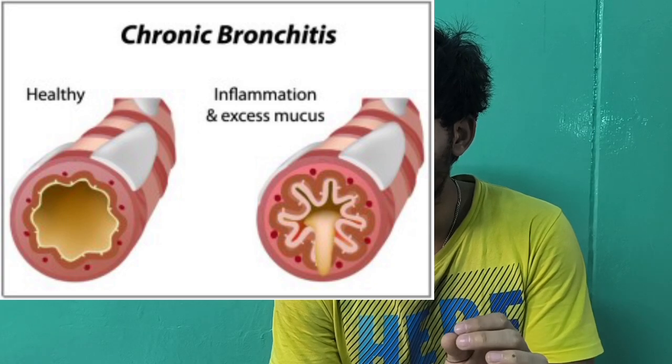So let's discuss the definition of chronic bronchitis. As you know, in chronic bronchitis cough occurs, and along with cough, sputum also occurs. Why does sputum occur? Because of the excess mucus production in the lumen of the bronchi and trachea, and the body tries to get rid of this mucus, so some excess mucus comes out, so cough and sputum occur because of this mucus coming out.